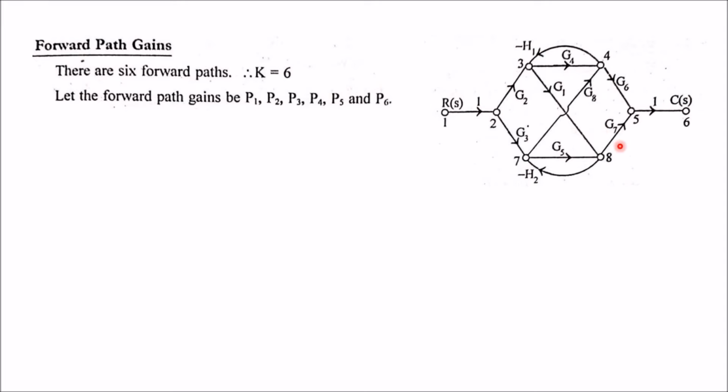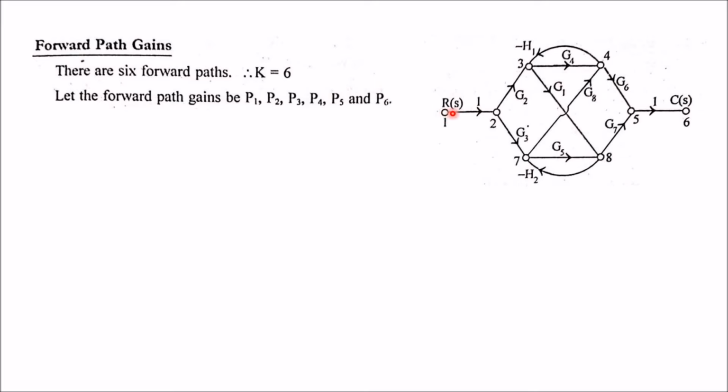By seeing this diagram, you may be confused about how many forward paths are possible. If you see, start from here, go in this way, then go to 3, then go to 4, then 5, then 6. Forward path means how we reach from the starting node to the ending node.